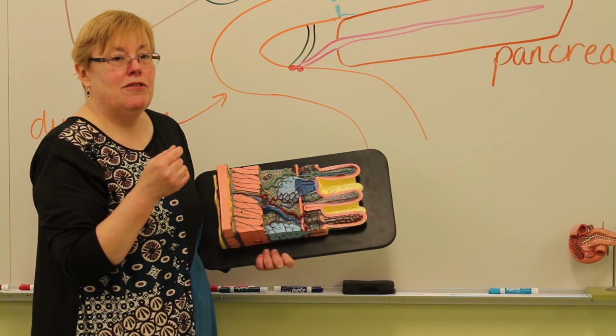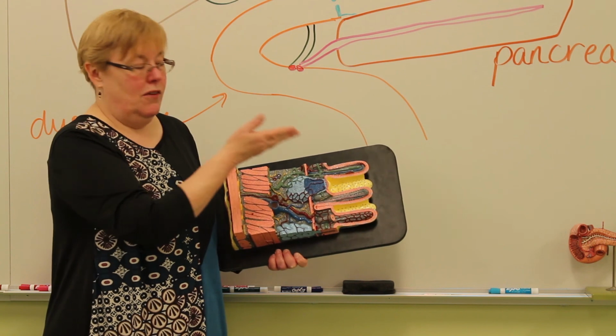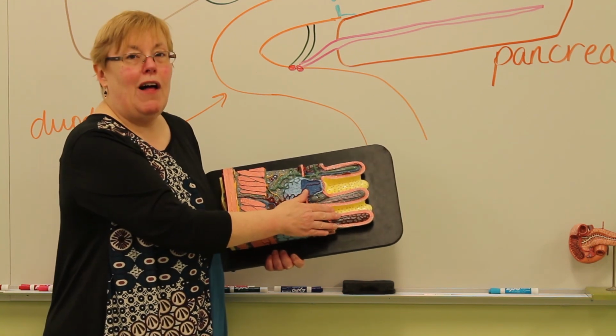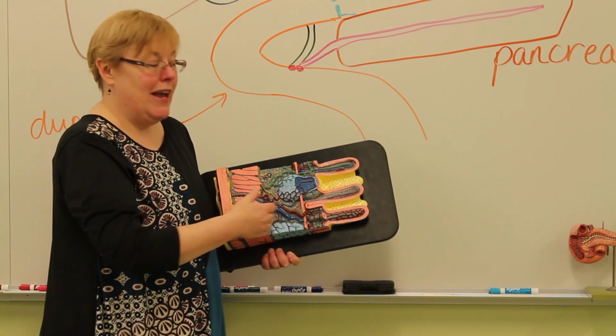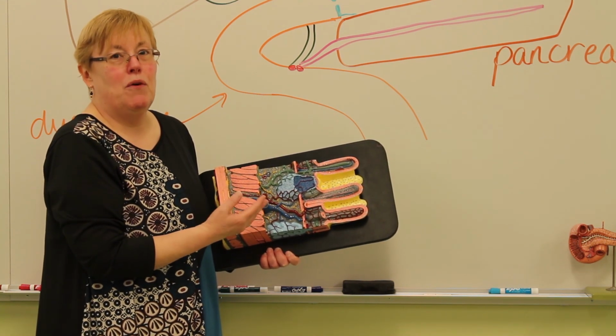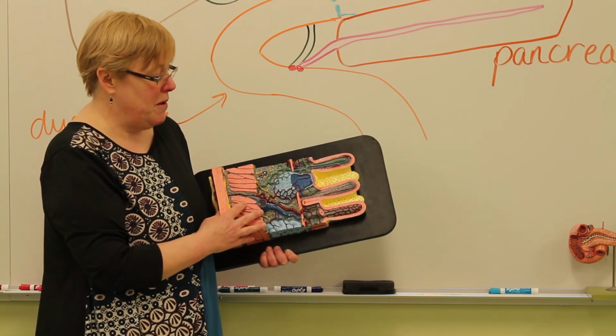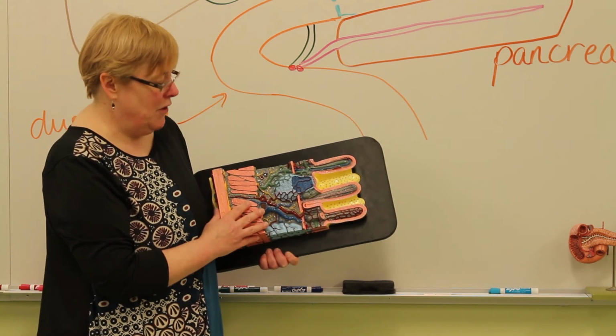The combination of the length of the small intestine, the circular folds, the villi, and the microvilli increase the surface area of the organ about 600-fold compared to what it would be if it was just a long straight tube. It's a pretty impressive set of modifications.